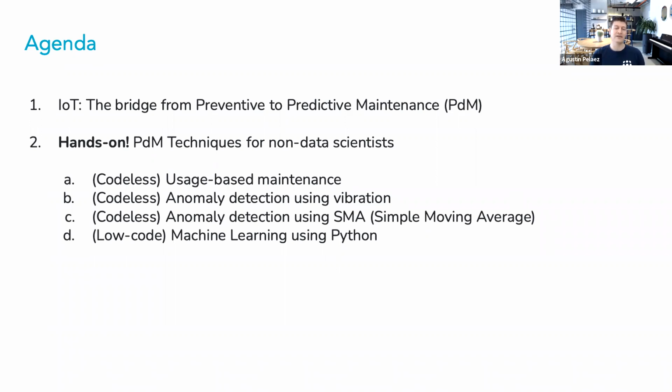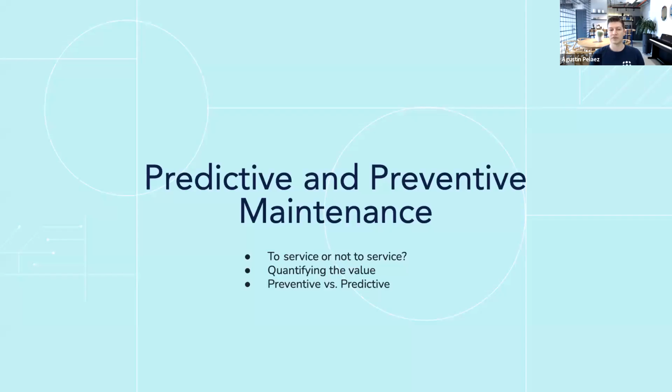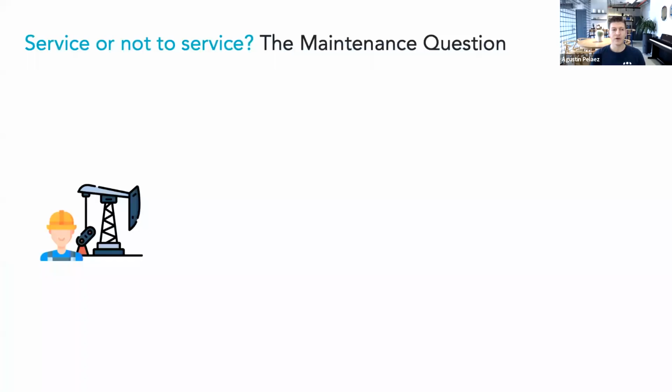And then the fun part, which will be 4 specific ways that we can use to create optimized maintenance programs for either yourselves, if you are working at a manufacturing site or an end user, or for your clients in the case that you are a system integrator or an IoT entrepreneur.